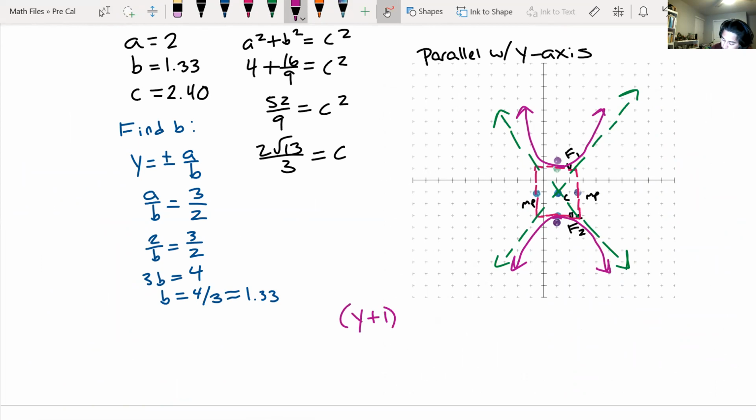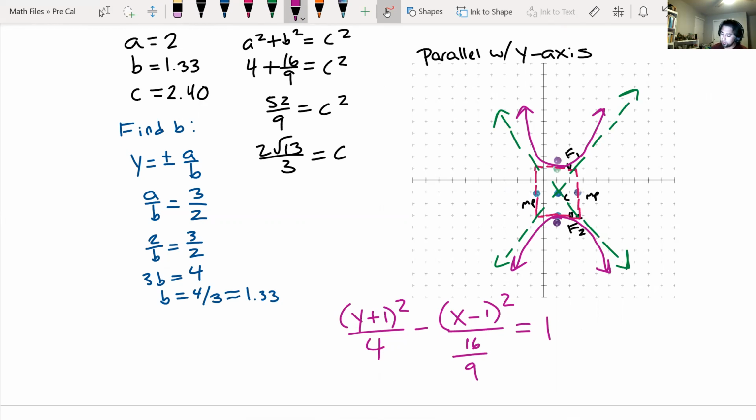Y plus 1 squared over 4 minus x minus 1 squared over, ooh, this is going to be fun. So b is 4/3. B squared is 16 over 9 equal to 1. Now, I don't think you can leave it like that.